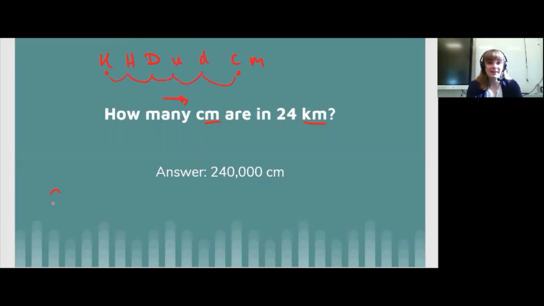We take the 24, which has the decimal at the end, and move it 1, 2, 3, 4, 5 to the right. Add in those zeros, and you'll get an answer of 240,000 centimeters.